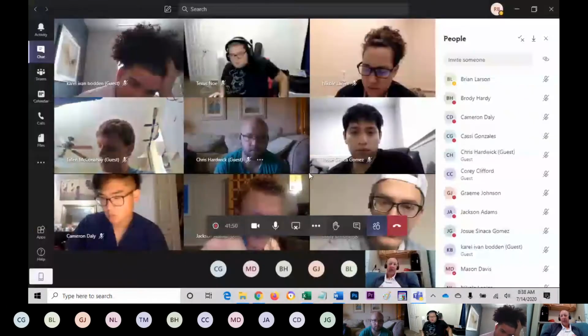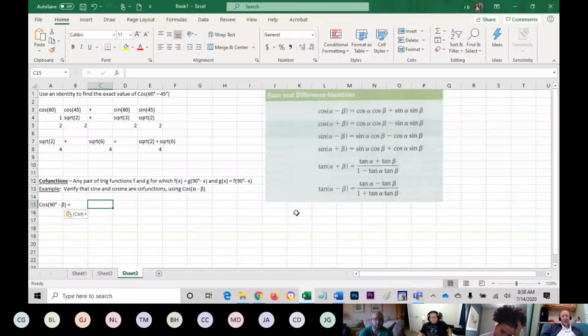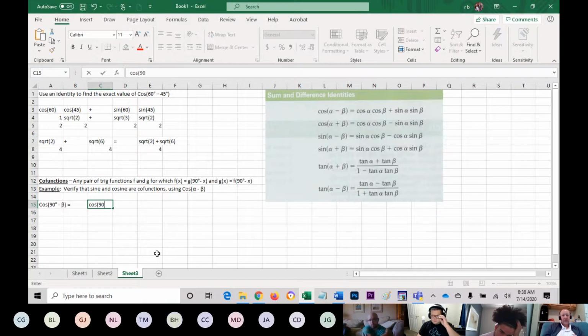So this time, it must be Brody's turn. Okay. So which of these 6 functions do you think would be helpful with this equation here? Would we use the first one again? First one again. Okay. So plug in the first one here and tell me what to write. You're going to have cosine of 90 times cosine of beta.